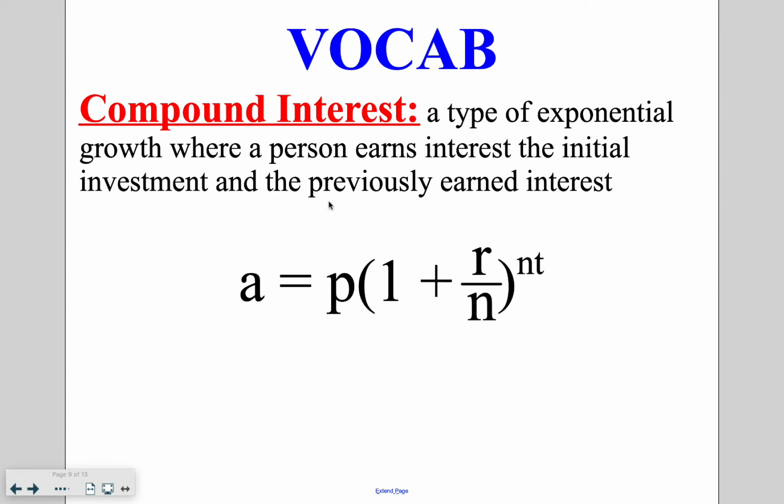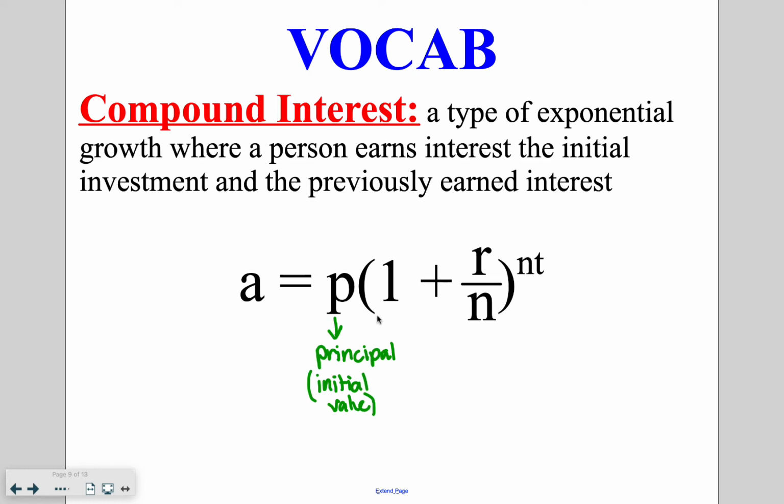The formula is slightly changed for this particular problem. P, which stands for principal, that's why it's P, is an initial amount of money. So we still have our initial amount as our front number outside the parentheses. The 1 is still there.